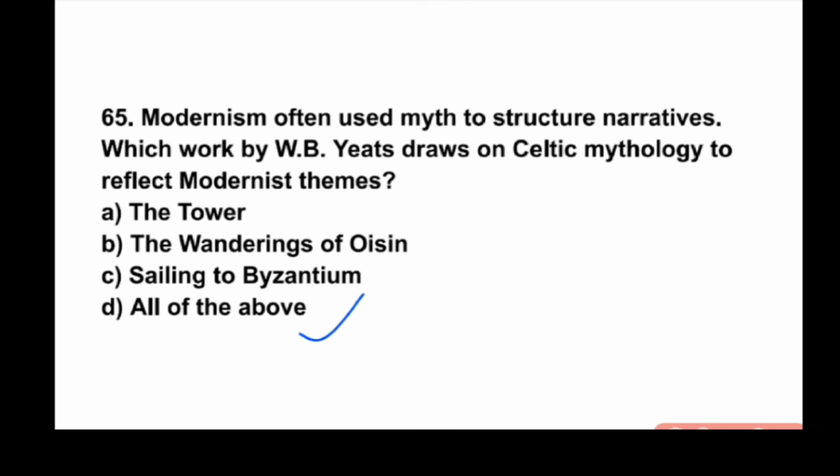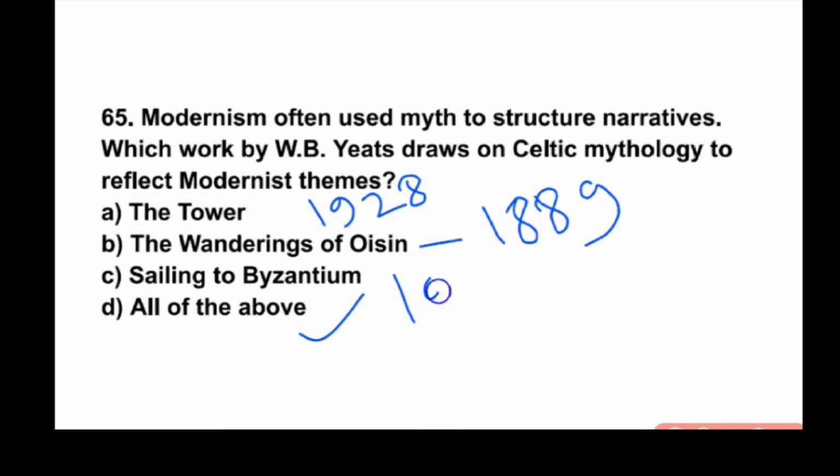The Wanderings of Oisin is 1889, and The Tower 1928, and also Sailing to Byzantium 1928. They use myth to explore identity and time. Key text of modernism. Next question.